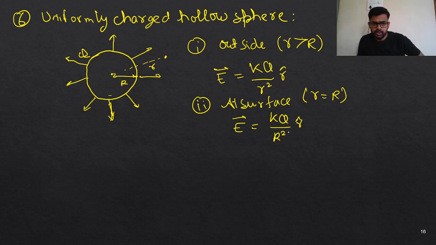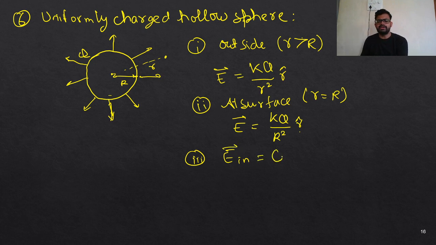with respect to the charge, we are just writing the unit vector of the position vector of the point. Okay, next, third, inside. My dear friends, always remember, inside it is always 0.